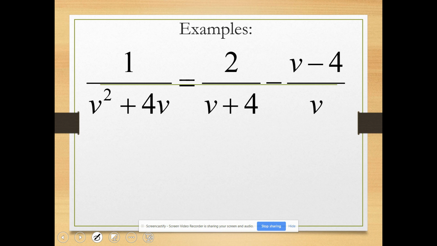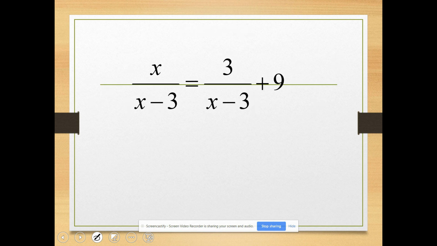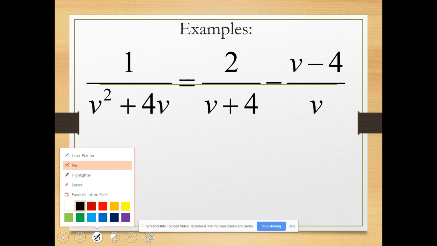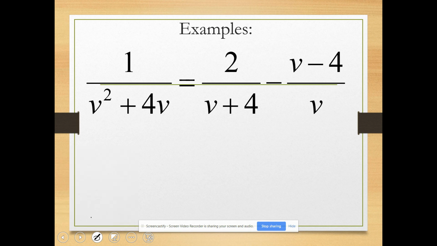All right, so our first example. I'm going to go ahead and start with our factoring. So v squared plus 4v has a common factor of v. Let me pull that out. We're left with v plus 4.